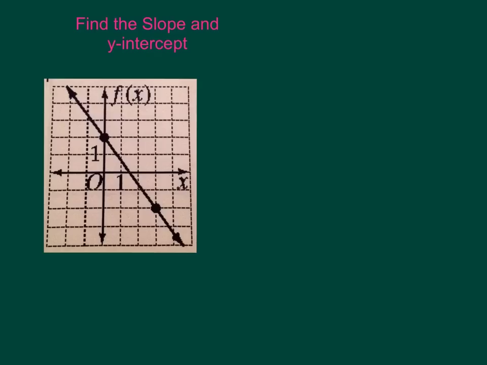Okay, now we're going to actually find the slope of different lines. And we're going to use the idea of rise over run. So rise over run, we want to see how the line between 2 points, how it rises, so how it changes vertically, and then run is how it changes horizontally.